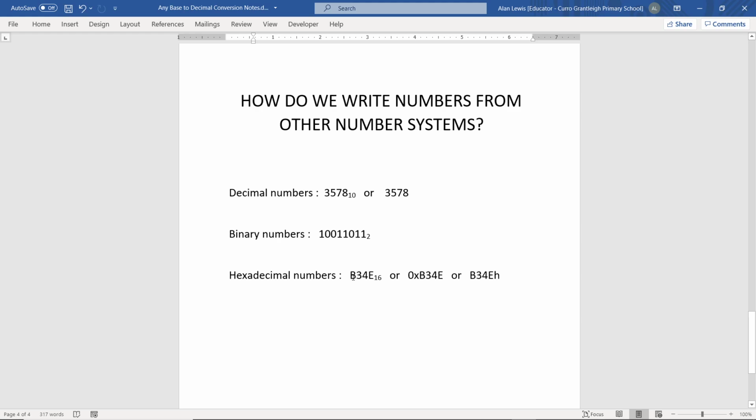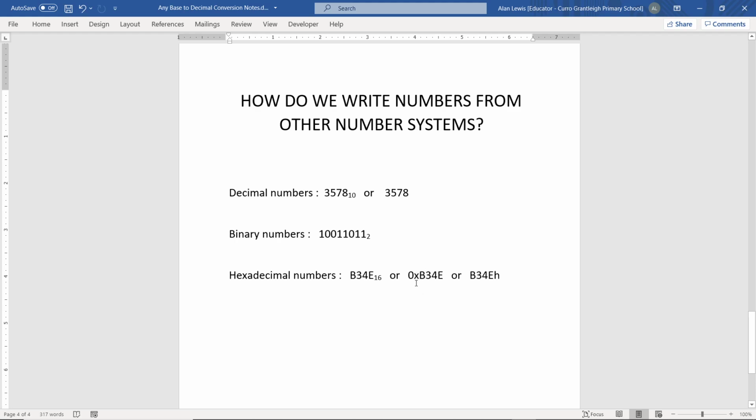So there's my number, B34E, and I've put a tiny little subscript 16 at the end to indicate that I'm in base 16. Another thing that I can do is take my number, B34E, and put 0x in front of it. So it's a number 0 and a small x.